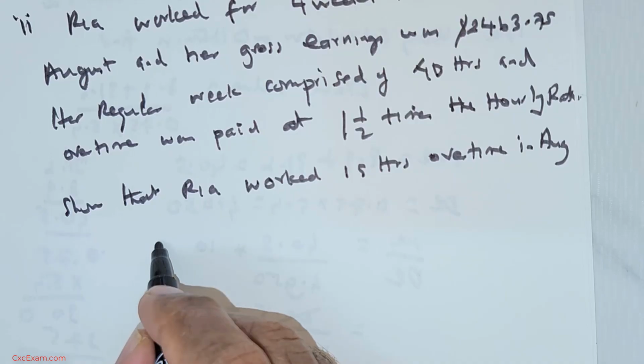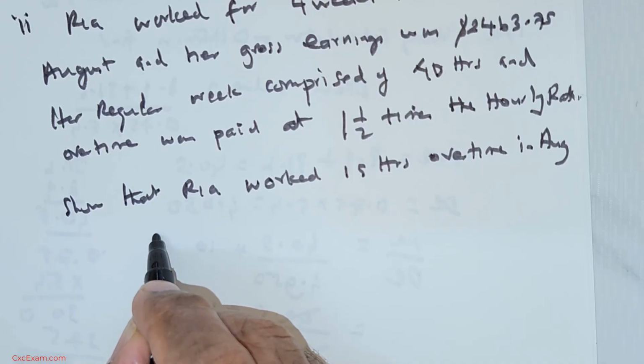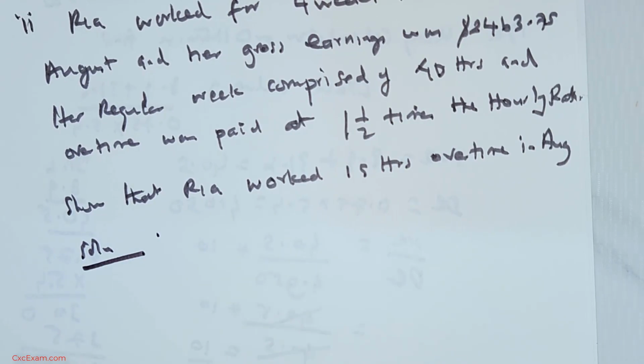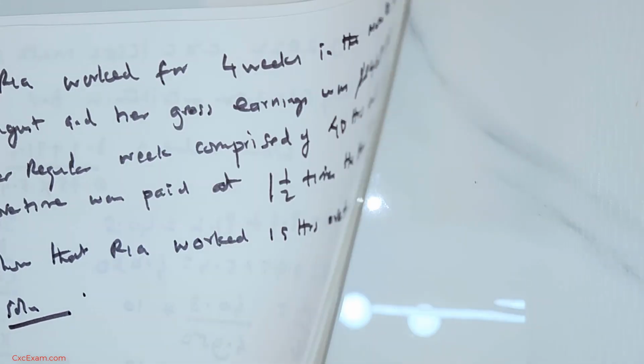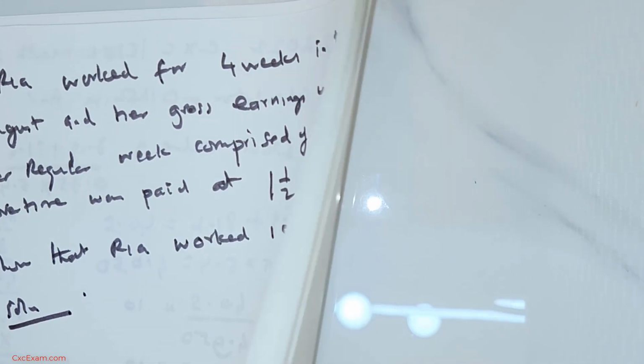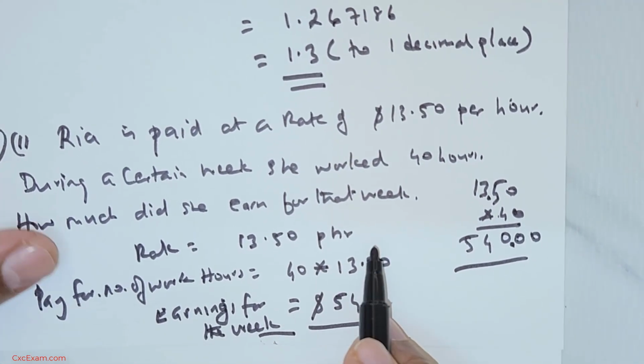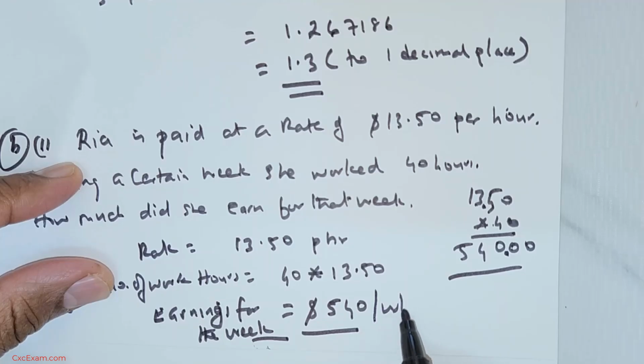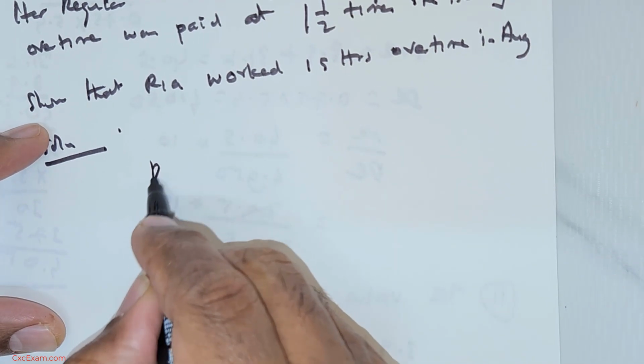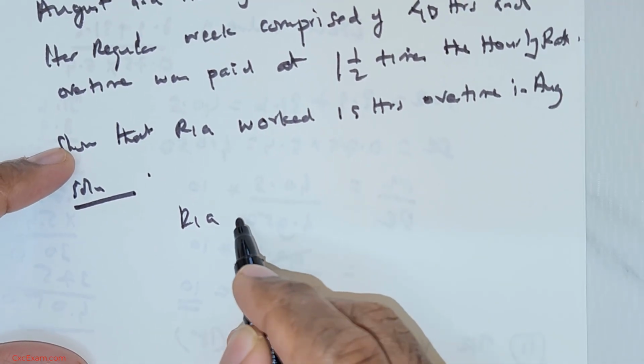Now, actually this is a solution, right? So in the previous case, if I had to show you the previous working, this is $540 per week. This is our earnings. So I'm going to start the solution like this.